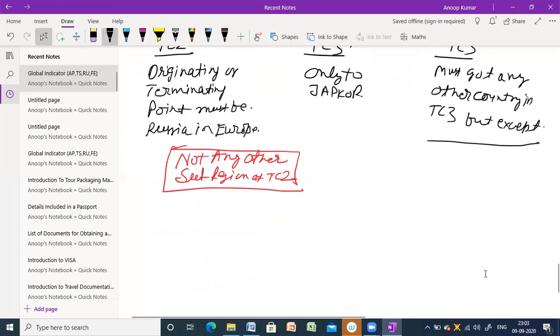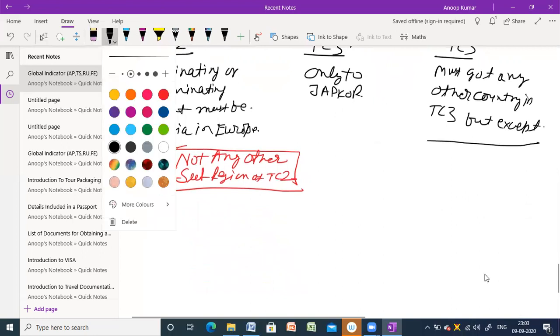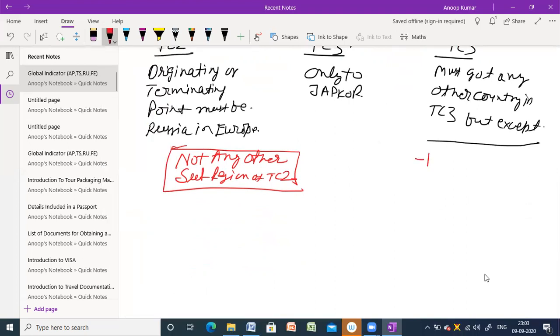Now what are these countries? This is a list of 6-7 countries. I will write the name of every country. The very first one is that it should not land in Kazakhstan. Then it must not land in Kyrgyzstan. Then it must not land in Mongolia.